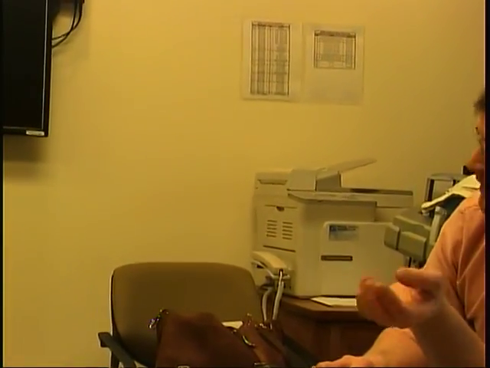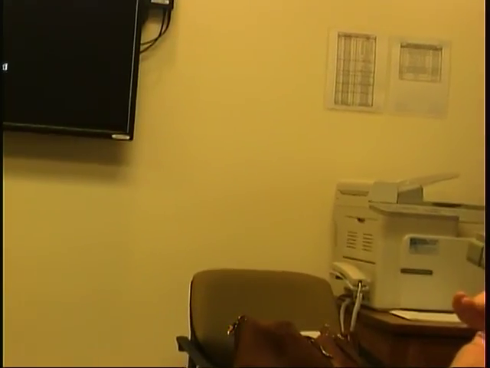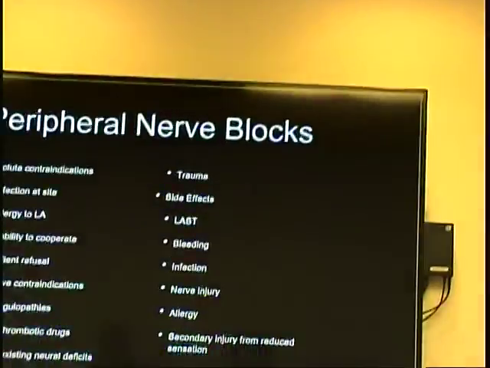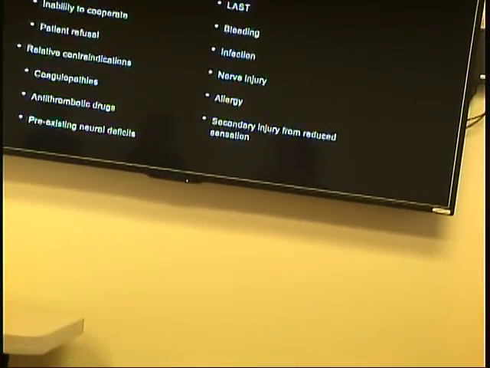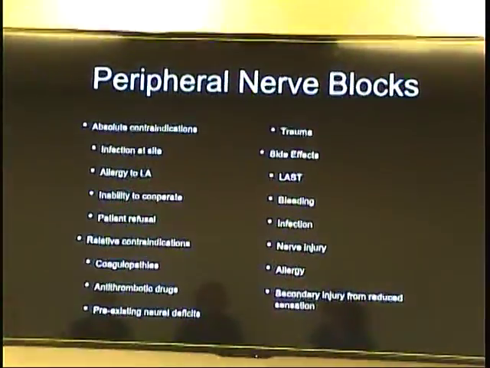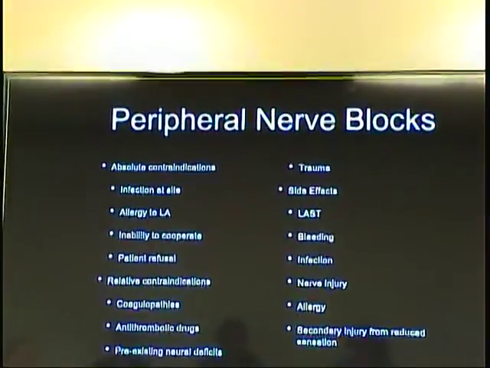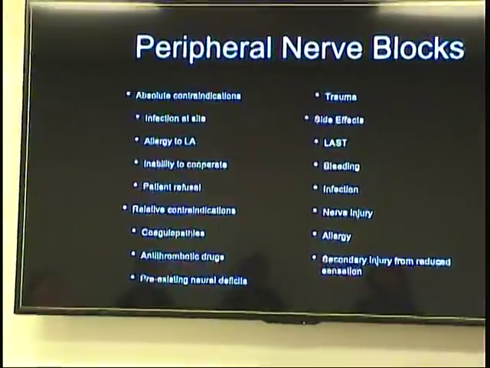So absolute contraindications to nerve block: infection at the site, a real allergy to local anesthetic, inability to cooperate, patient refusal. Relative contraindications: coagulopathies, anti-thrombotic drugs, and then pre-existing neural deficits, trauma.